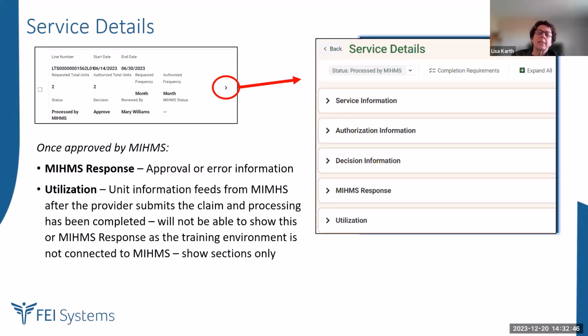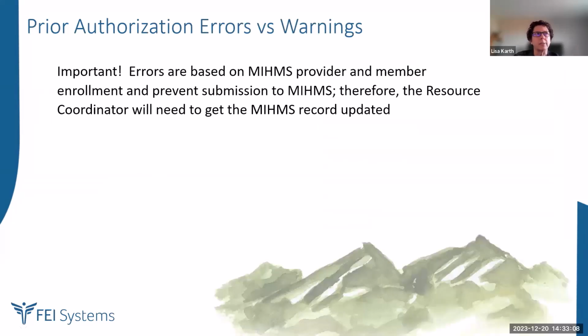And one of the things that happens after it's approved, after the provider offers a service, they're going to submit their claim. Well, utilization is tracked. So that's pretty cool. There should never be a question of where a person is in their utilization of services.